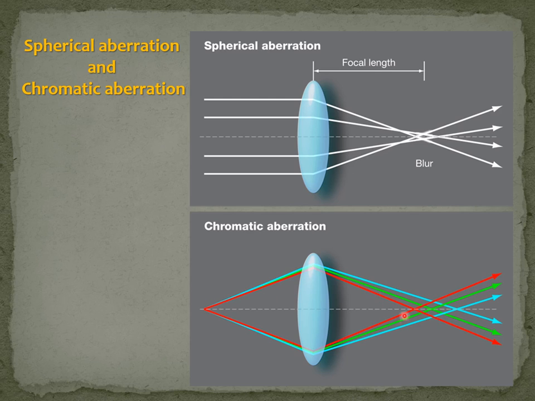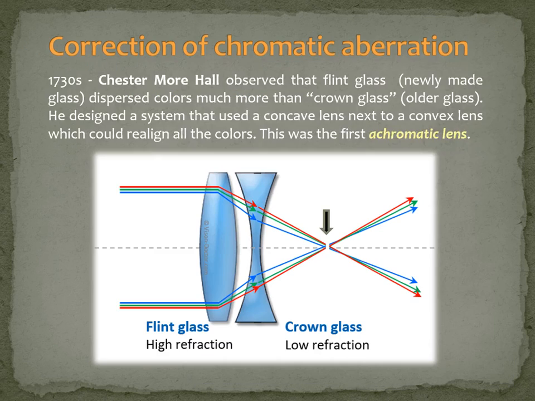Each single one of these rays will have its own spherical aberration, so all the colors will suffer an aberration different from the other ones. This is what we call chromatic aberration, and it can be corrected.